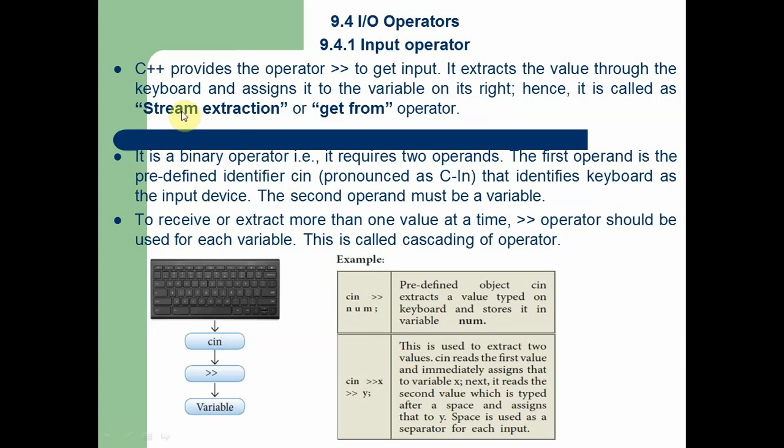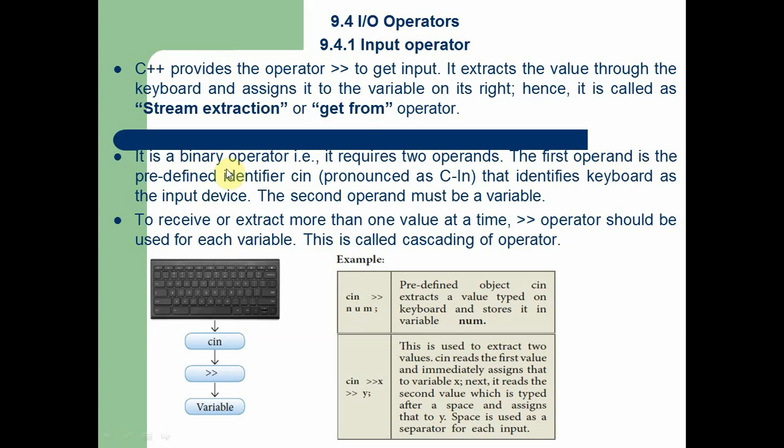Hence it is called a stream extraction or get from operator. It is a binary operator, because it needs two operands. That's why we call the get from or stream extraction operator a binary operator.